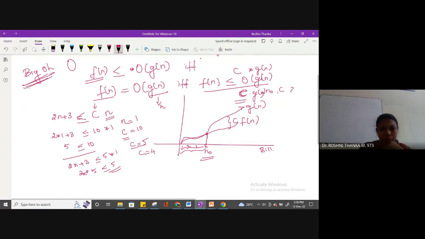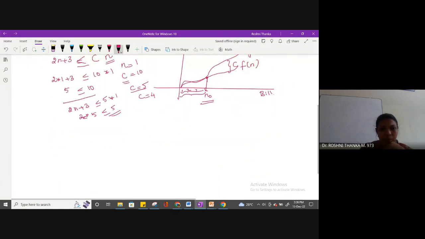But if I take the value of c as 4, the condition should be 2n plus 3 less than or equal to c into g of n. Here c is 4, g of n is n, and n is 1.